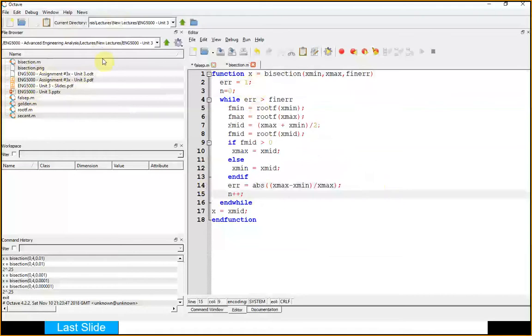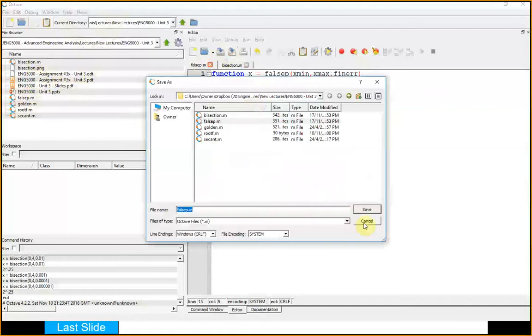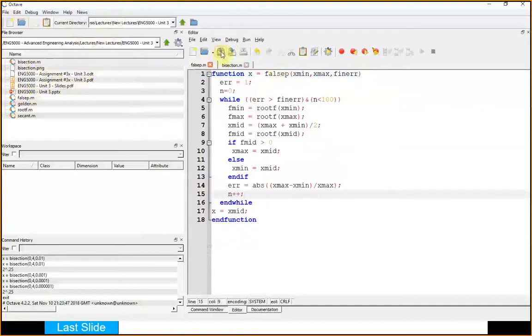Everybody follow? I'm going to do 2 codes. Save the bisection, I won't change it again, and save the false position. And this line now, update this line in the bisection also.